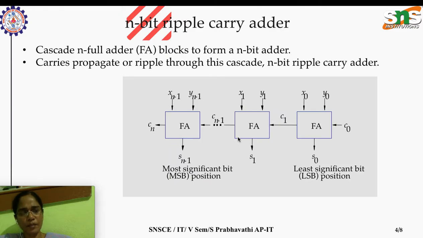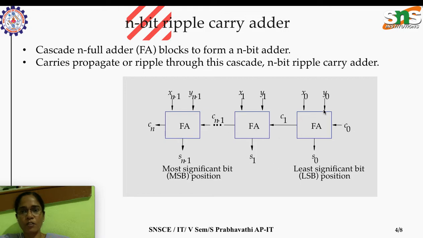This is for carrying out the addition or subtraction operation at any stage i. Suppose I have a 4-bit number, I need 4 full adders. So we have n full adders for n digit addition.